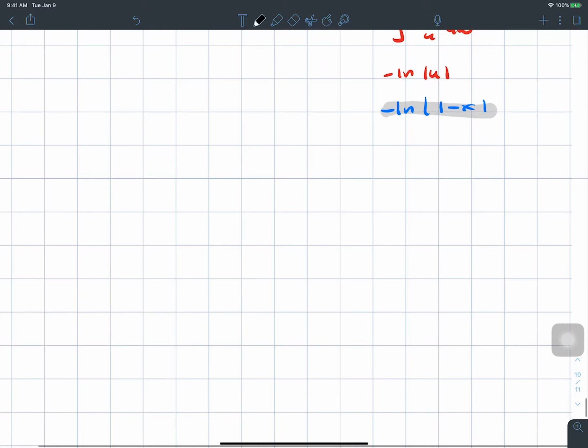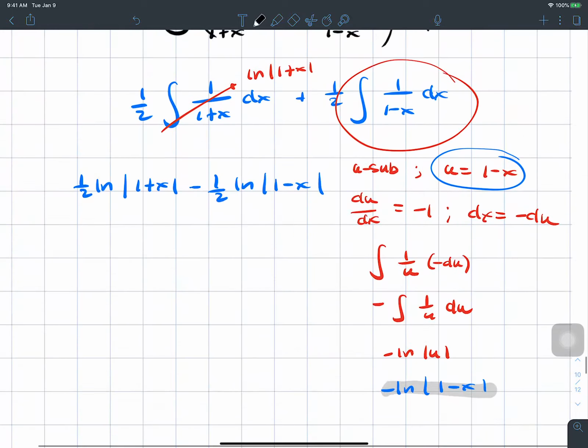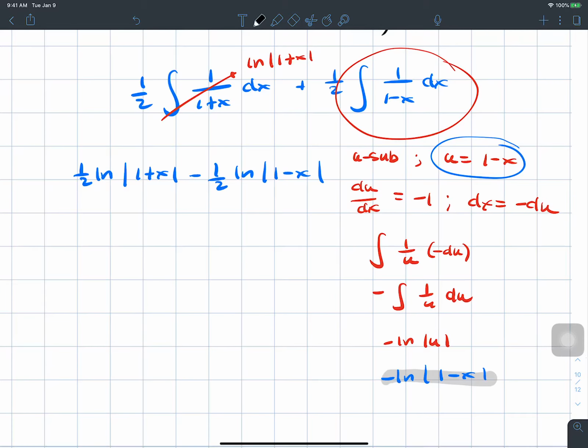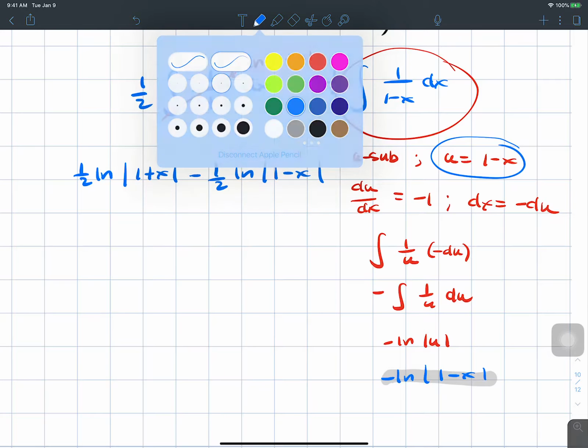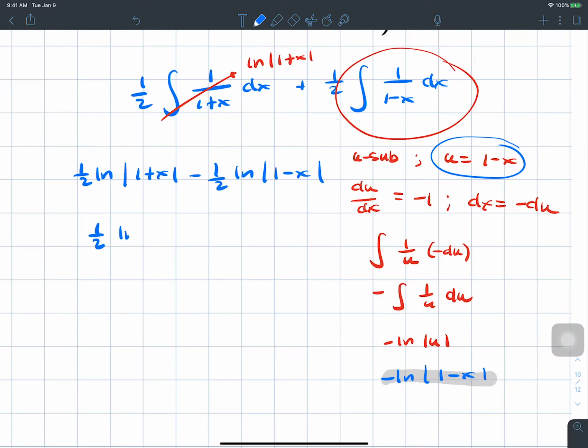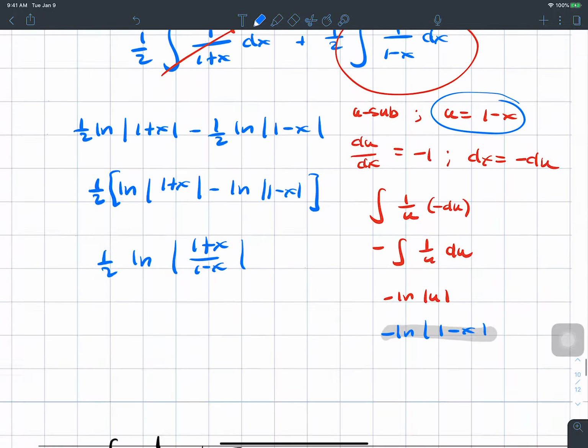That the integral of 1 over 1 minus x squared dx becomes, it's right up here, factor out the 1/2. Natural log absolute value 1 plus x minus natural log 1 minus x. We said factor it out. Natural log 1 plus x over 1 minus x. So that's the integral.